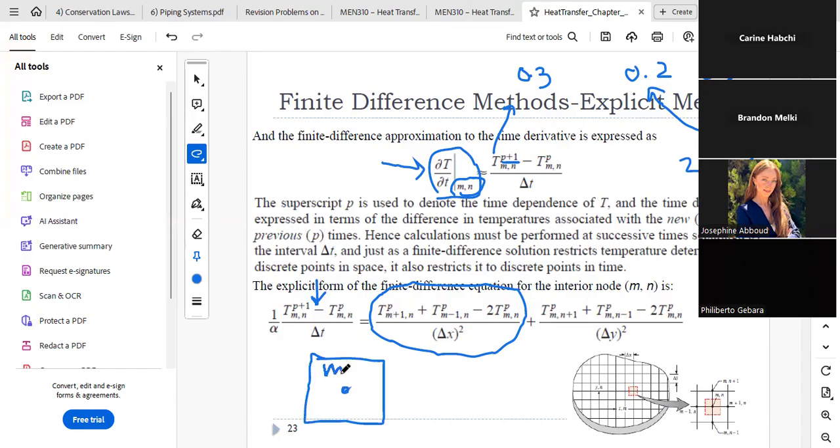So this is the index of my cell m,n. If I take a cell just before, the index is m minus 1, n. And for a cell just after, it's m plus 1, n.